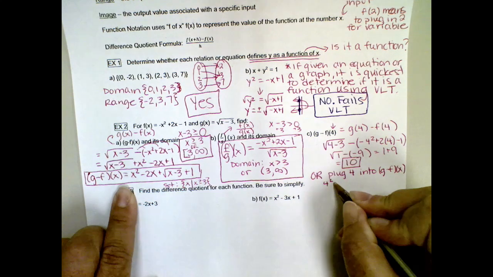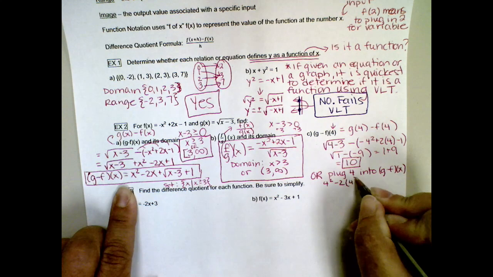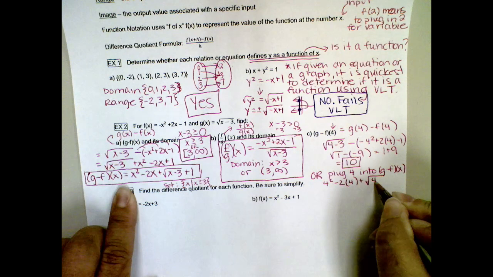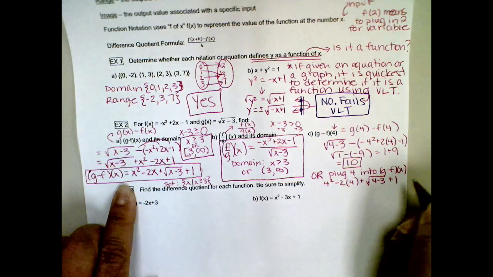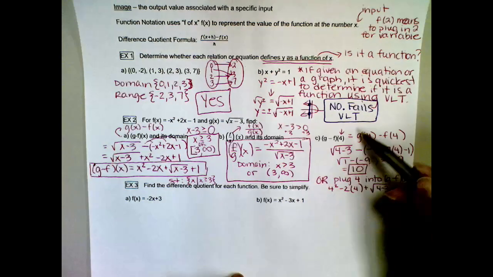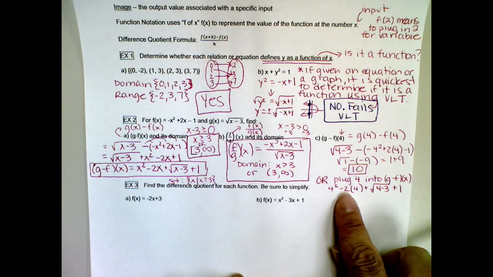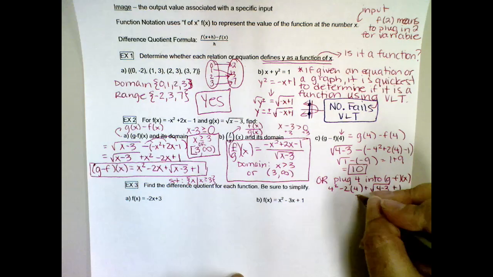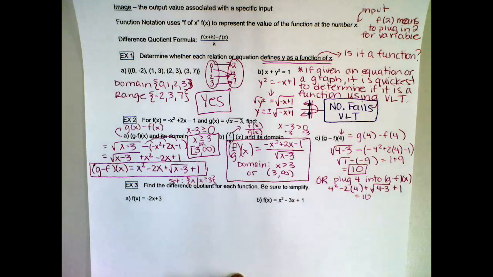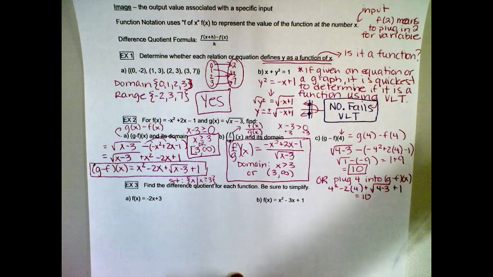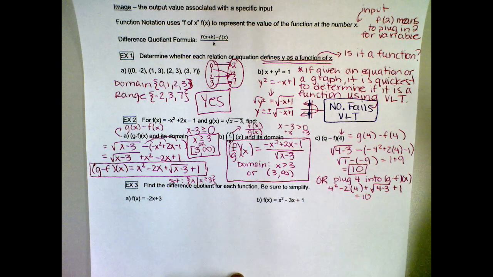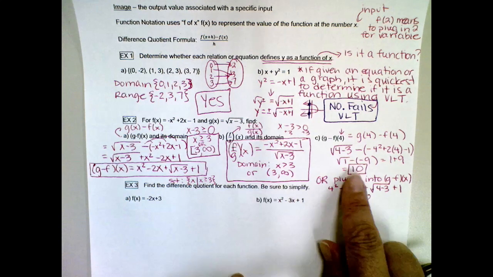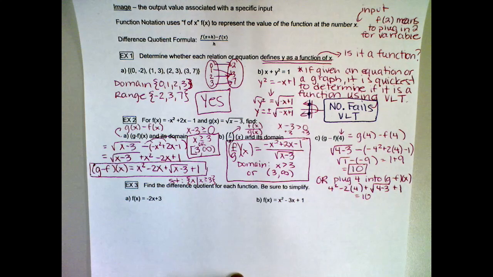It does not matter. You should get the very same answer regardless of which way you do it. Again, if you're using a graph, you're going to be doing this anyway. But 16 minus 8 is 8, plus 1 is 9, plus 1 is 10. We get the same answer. Obviously here we don't have a domain because it's just an individual value that we're finding.